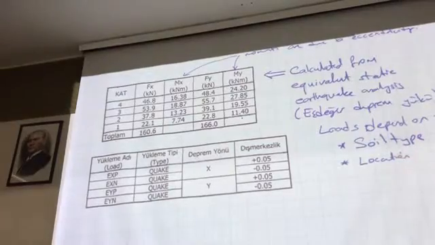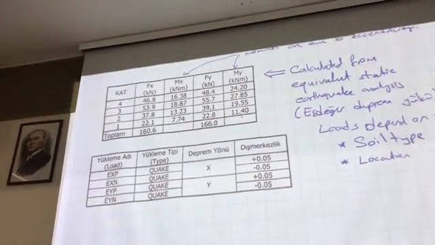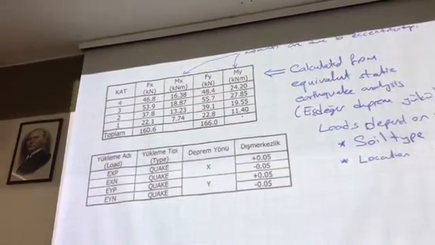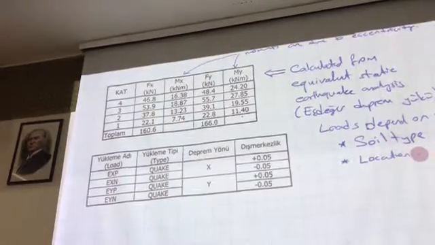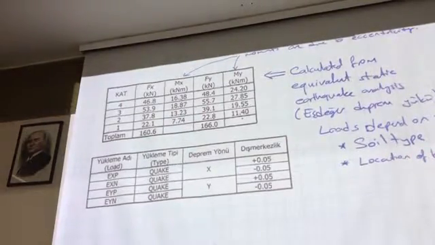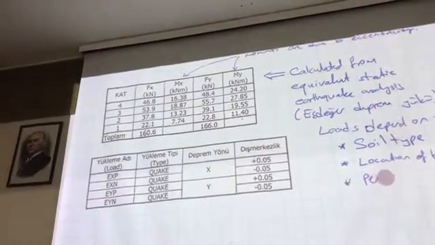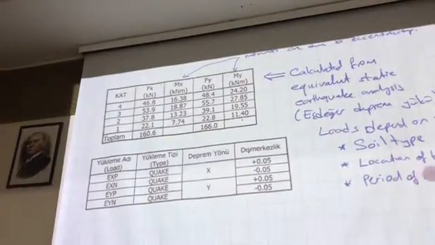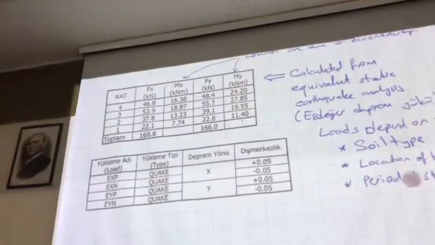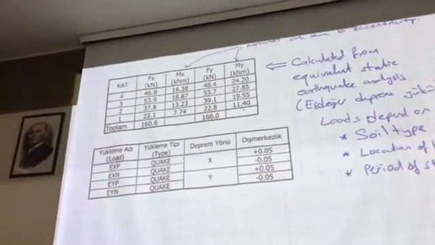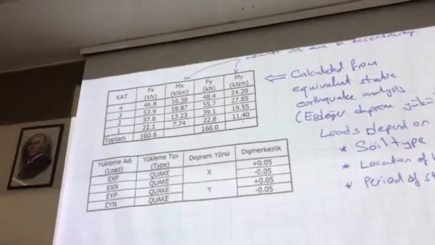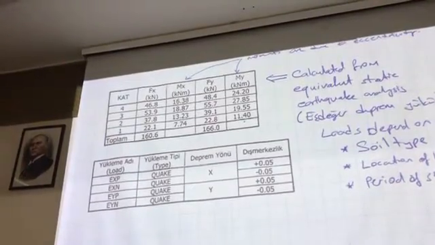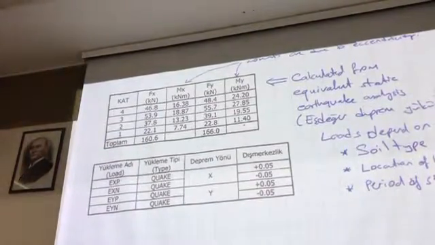For example, in first zone, second zone, etc. Now we don't have zones actually. We have a map, location of building, and period of structure. In x direction and in y direction. What are periods? Period means vibration periods, vibration frequency.